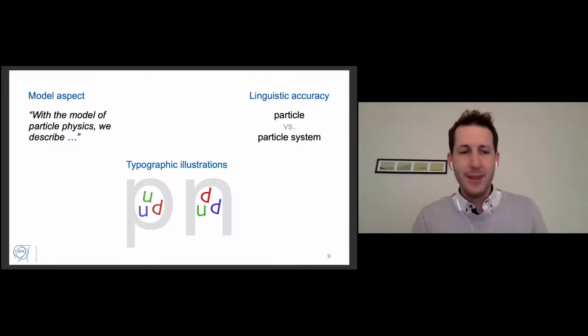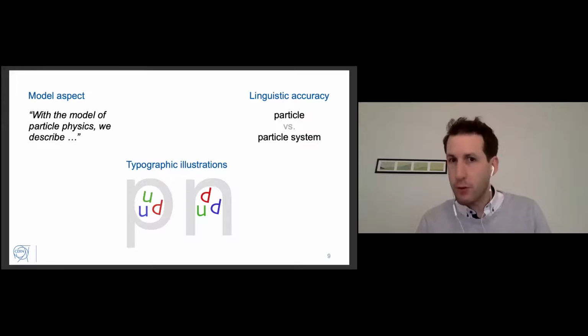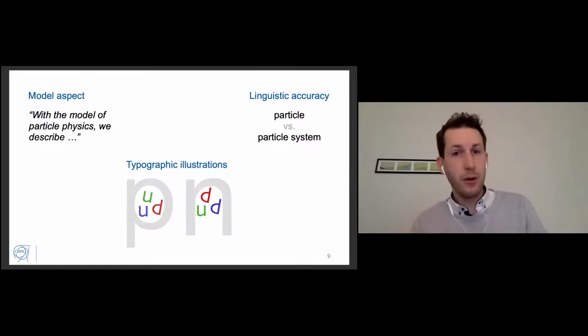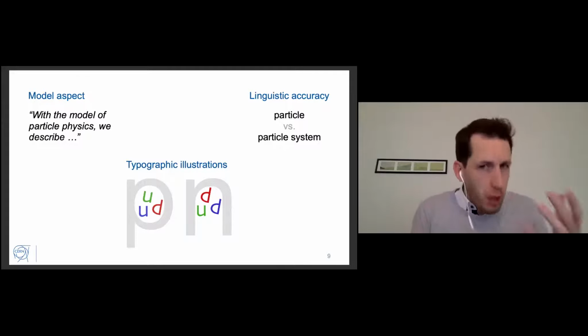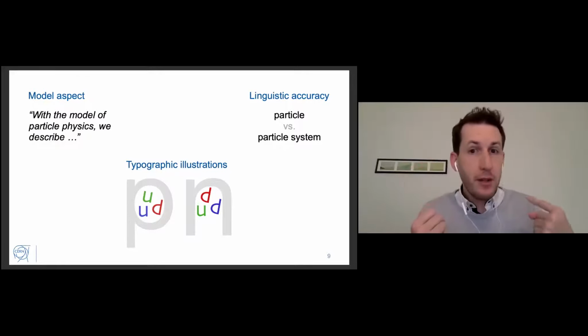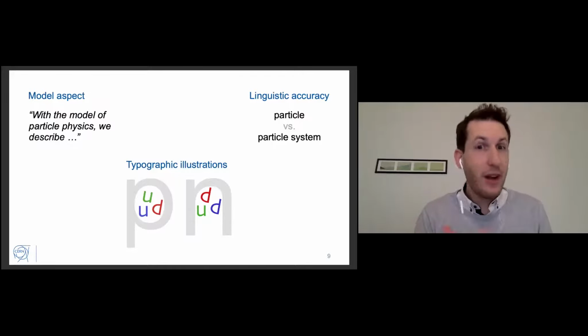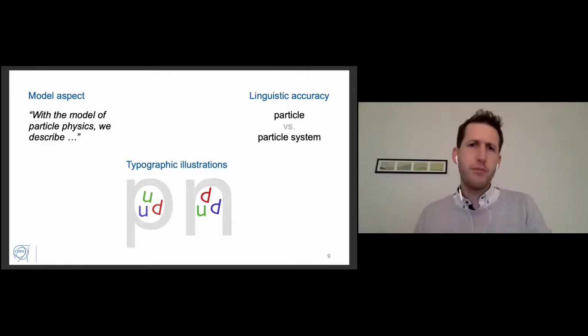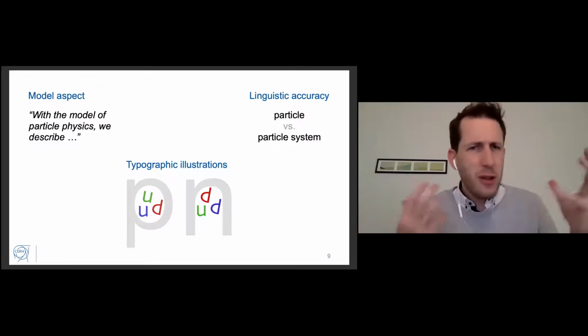So I hope that this will be helpful for you, because you see on my slides, the proton is made of an up quark and a down quark, whereas the neutron is made of a down quark and an up quark. I don't know if you have that in your head. I don't know if you have memorized that yourself. I, to be honest, found that super difficult to keep in my head. What is a proton made of? Is it down, down, up, or is it up, up, down? I could not really memorize that.